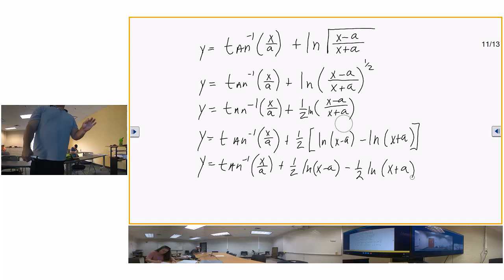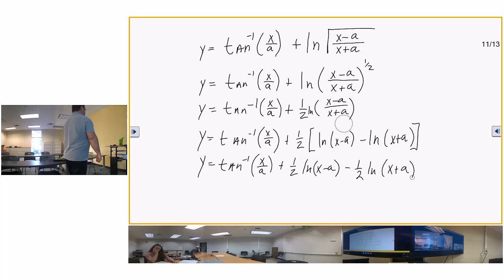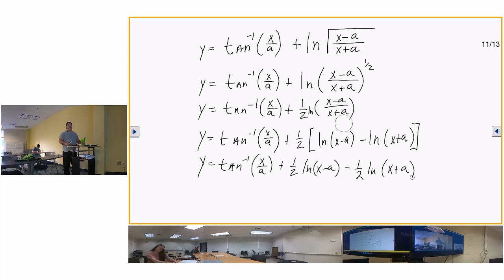Treat a as a constant. Okay, they should have said that in this problem, but they didn't. Treat a as a constant. So like 2x plus 4, the 4 is going to drop off because it's a constant. Not with the tangent. In tangent, you're going to stick that in there.